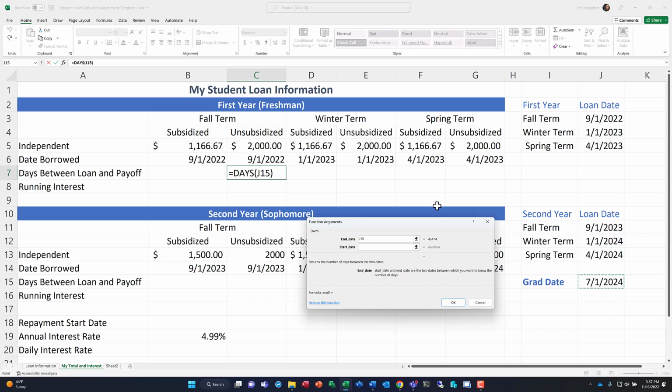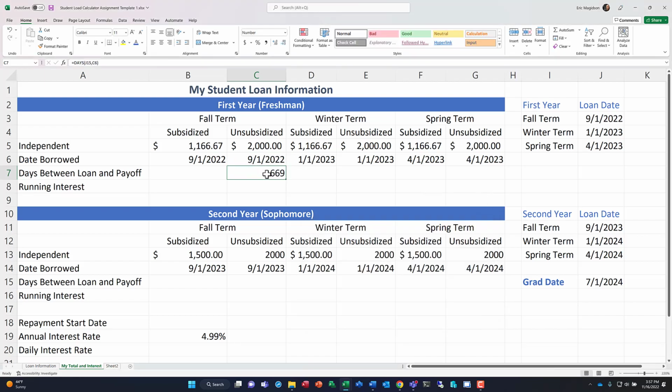Okay, that's the day the interest is, well, basically is accrued until. Okay, and you'll see why here in a minute. The start date is the day I took out the money. All right, so if you notice here, this one, it's going to be 669 days that it accrues interest.